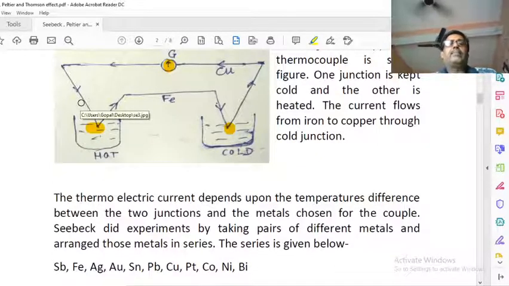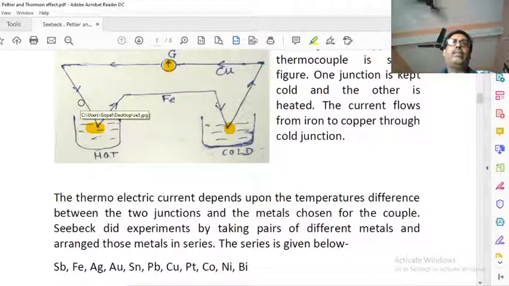To know the direction of current, Seebeck did experiments by taking pairs of different metallic wires and changing the metals, meaning he prepared a large number of thermocouples by arranging the metals and keeping the two junctions of each thermocouple at different temperatures, and he observed that current flows in a certain direction.